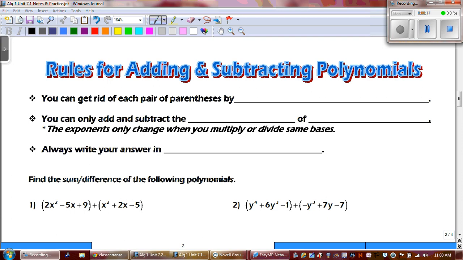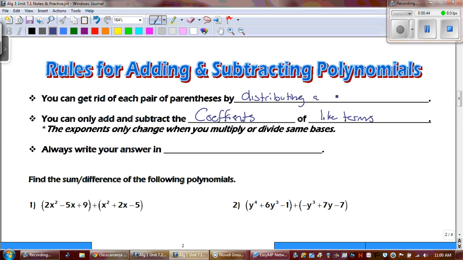This is the back page of the homework. Once again, mine is just in a little bit different order than yours, so let's see if we can follow an order. Yours says you can only add and subtract the coefficients of like terms. That's true. Now, you can get rid of each pair of parentheses by distributing a positive one or negative one.